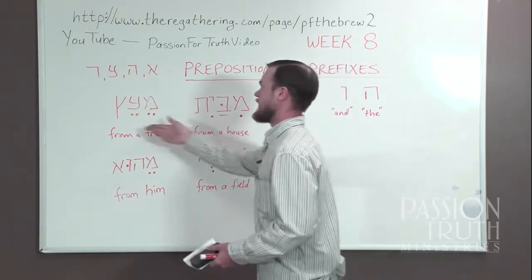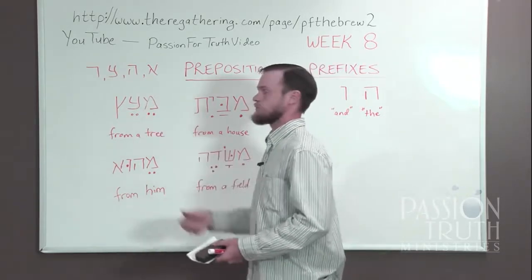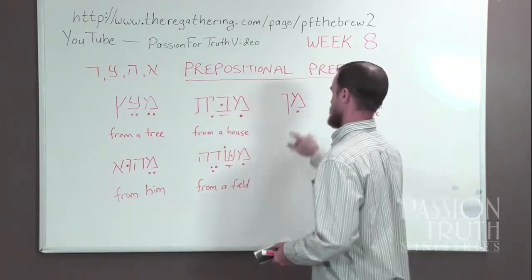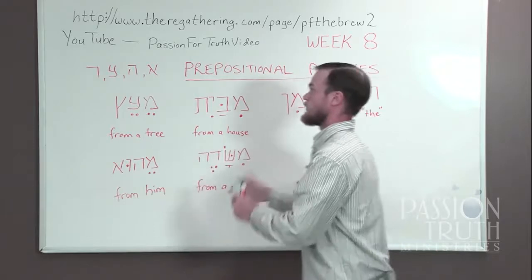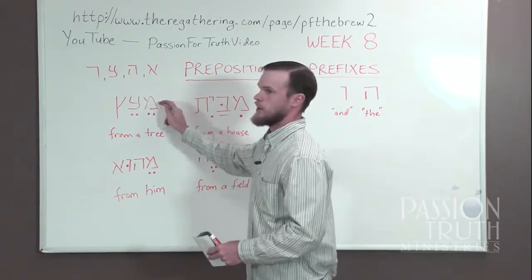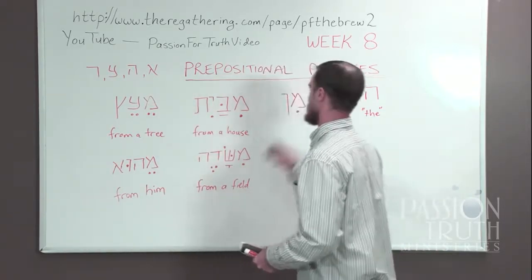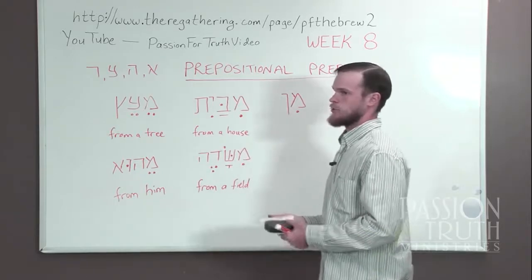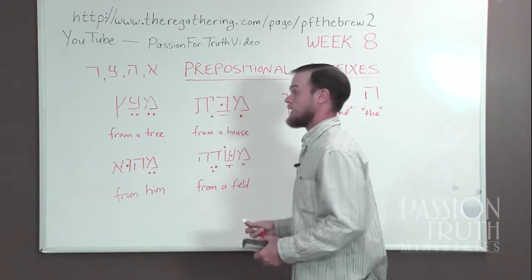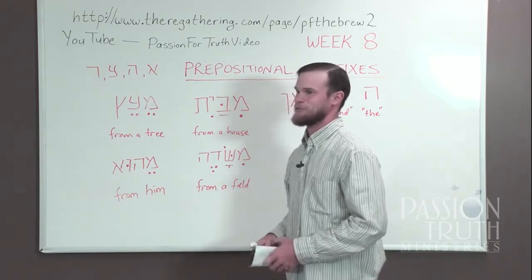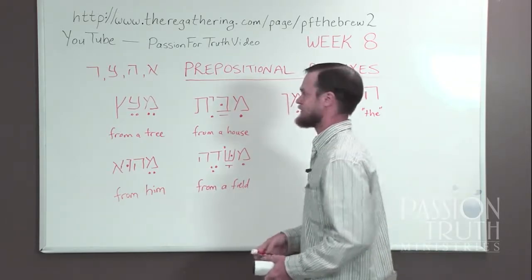We could say min etz, from a tree, or me'etz, from a tree. It's just a question of whether we have a totally separate preposition, a totally separate word, or if we directly prefix this mem to a word. They're exactly equivalent. It's just a question of style, really. And as usual, you'll see both in the scriptures.